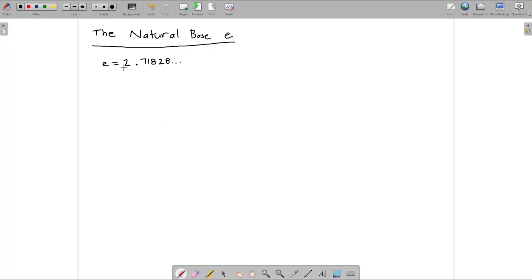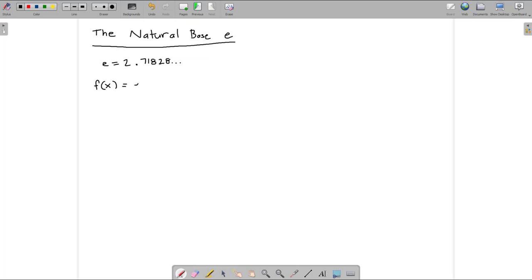So one more concept that I want to introduce to you guys before we do some applications and examples is the natural base e. And e is Euler's number. It's this irrational number, this never-ending decimal, 2.71828, etc. And typically when we look at financial applications, like interest and things, we don't look at 2 to the x or 3 to the x.